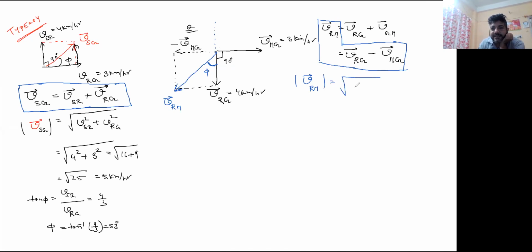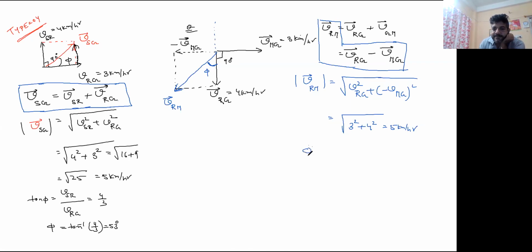So I can write velocity of the rain with respect to ground square plus velocity of the man with respect to ground square. That is 3 square plus 4 square, that is 5 kilometer per hour.